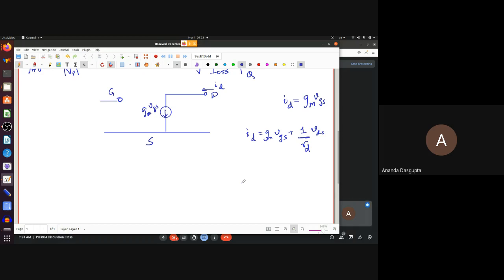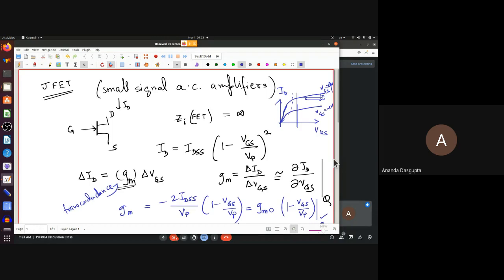By the way, should RD be big or small from what I've said so far about the characteristic curve? You can see that when VDS changes a lot, ID changes only very slightly. In fact, this formula would have told you that ID doesn't change at all if you change VDS. There is no VDS in this equation.